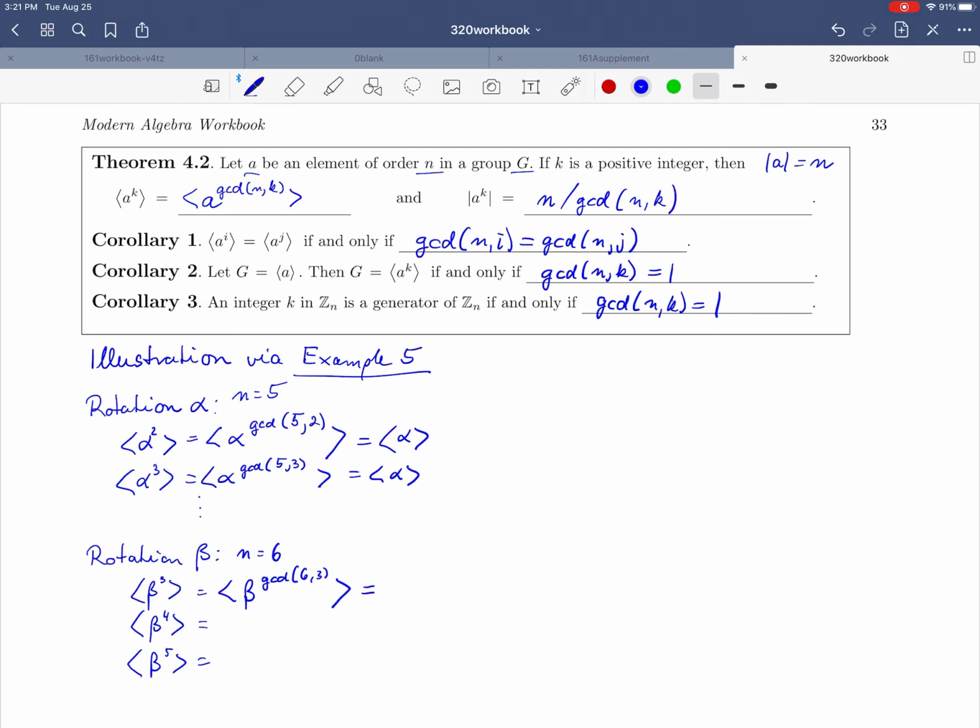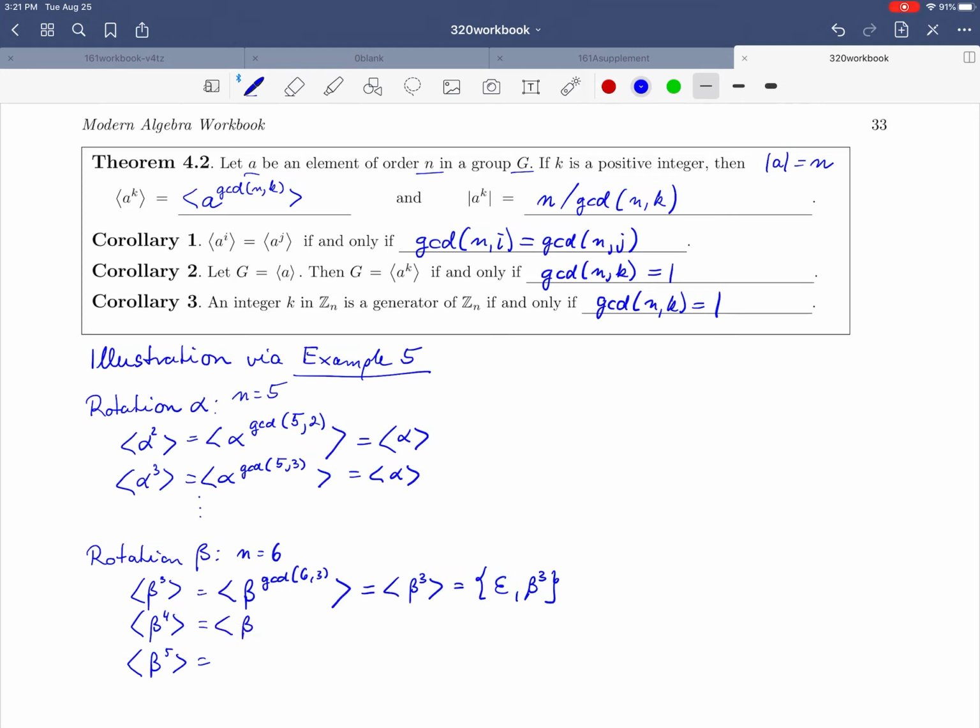The GCD is 3, so this is beta cubed, which was the group that had the identity and beta cubed.